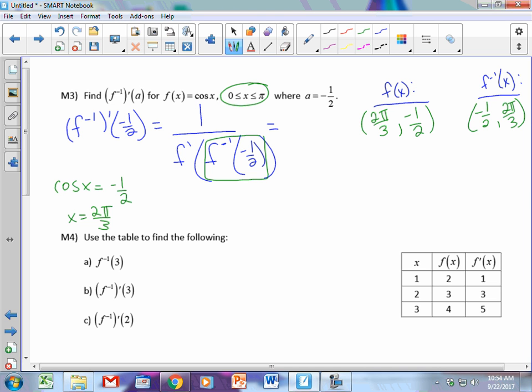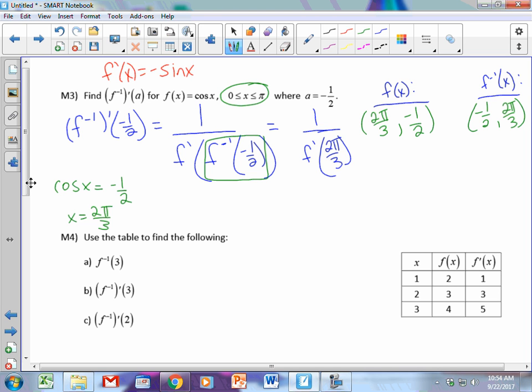So we can keep going with this idea here. This is 1 divided by f prime of, what did we say f inverse of negative 1/2 was? 2 pi thirds. So now we just have to evaluate 1 divided by f prime of 2 pi thirds. What is f prime of x? Negative sine x.